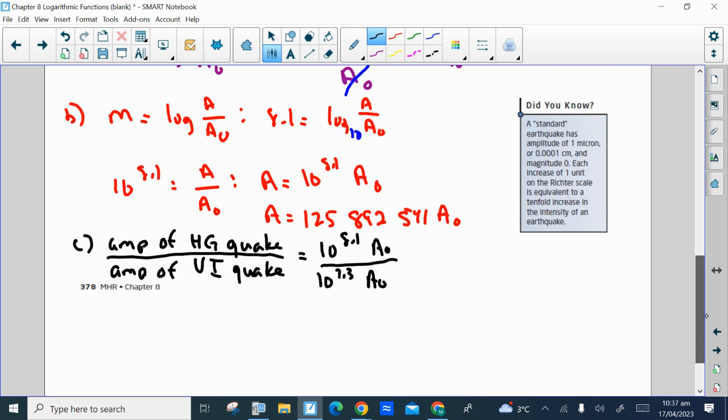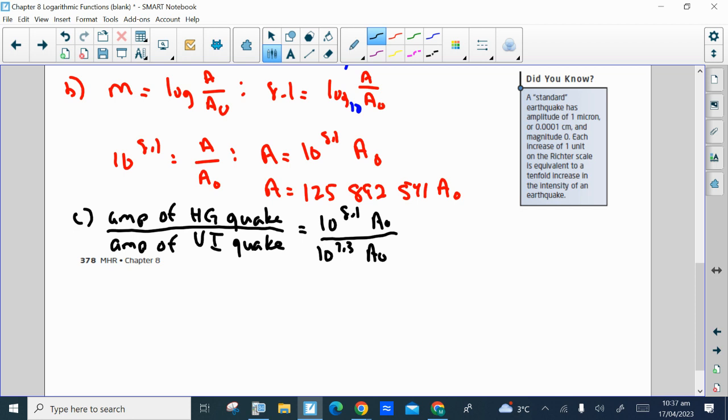And I'm just using the relationships that we developed above. So the a sub zeros will cancel, and your answer will be the answer you get when you divide 10 to the power 8.1 by 10 to the power 7.3.